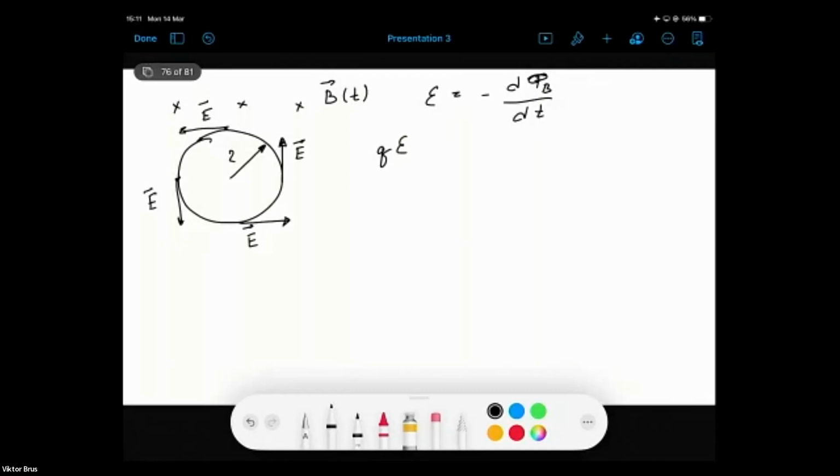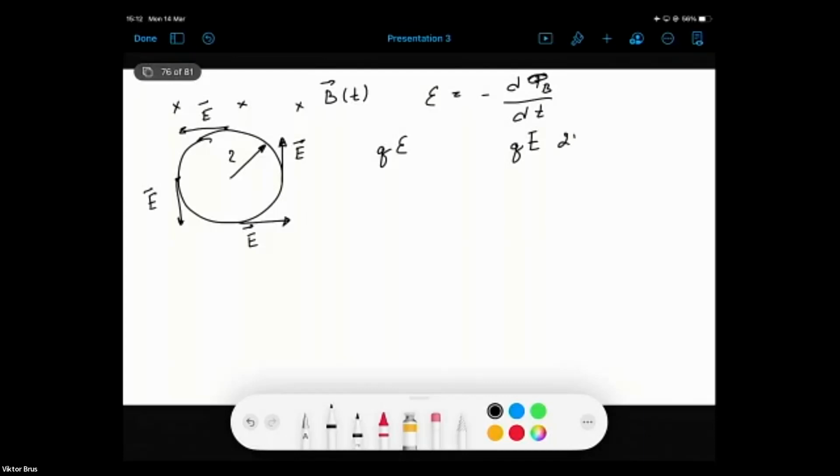In another way, we can express it via electric field. We can consider the electric force exerted on a charge carrier. So it will be Q times E, the magnitude of induced electric field, times the circumference of this circle, the total path of electric charge.